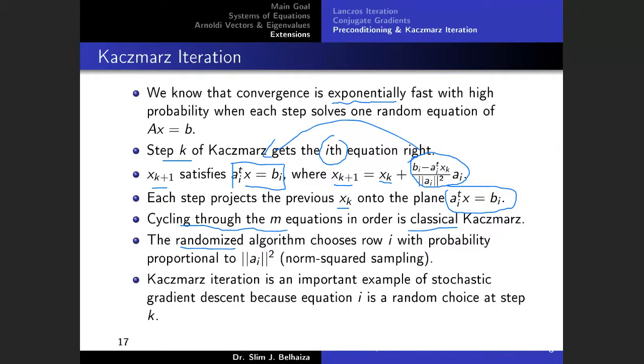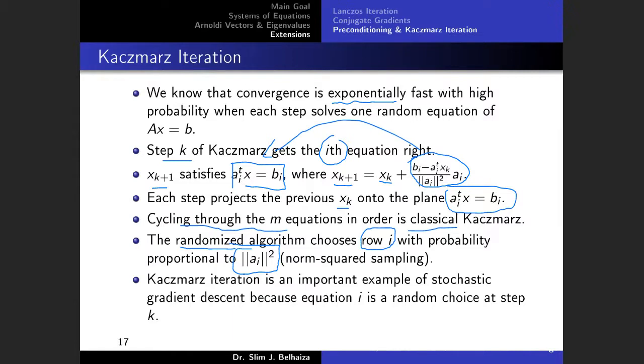But you can choose the row i you're trying to solve using either a uniform distribution or just a probability proportional to the norm of a i squared. So you have a distribution that gives more importance, more probability, depending on the norm of a i squared.